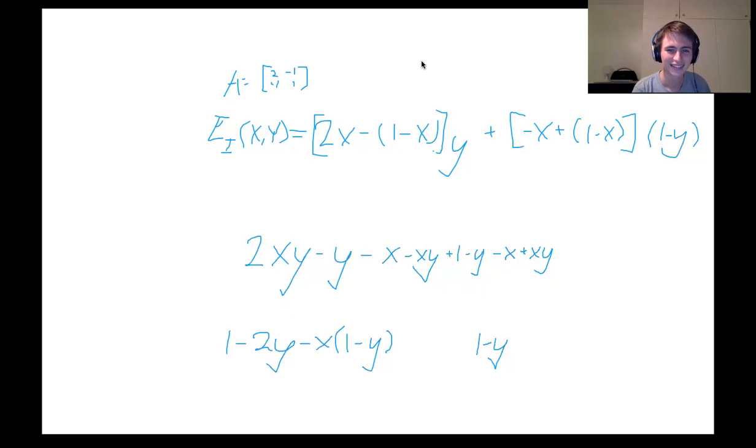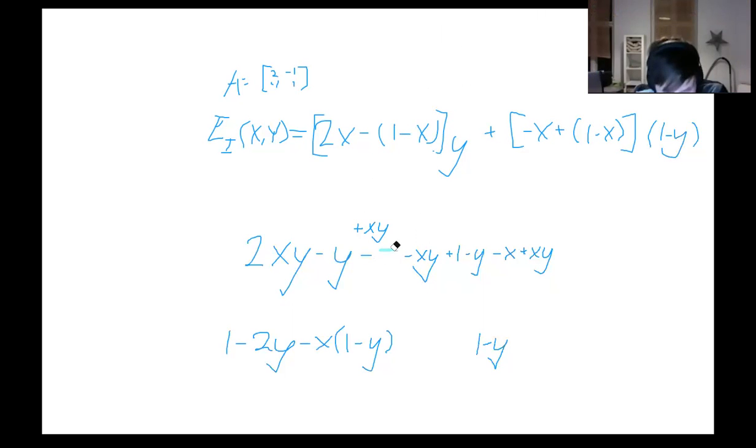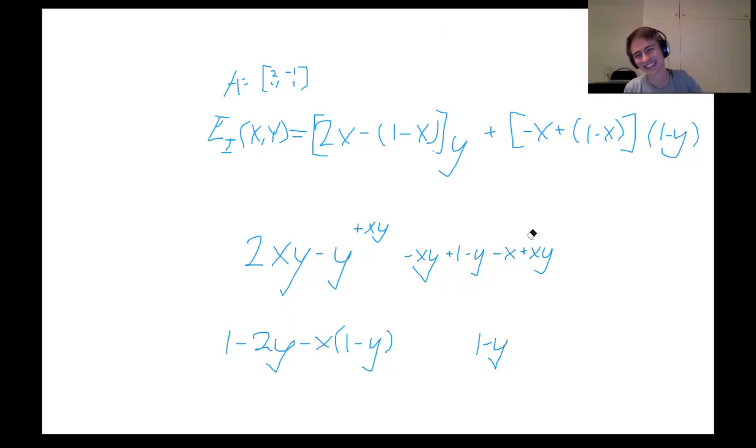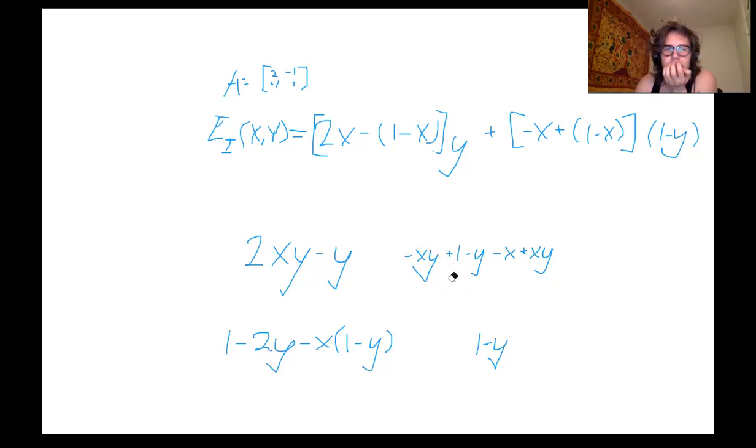And there should also be a plus xy here. I don't know what I was doing here. Where's that minus x from? That shouldn't be there, actually. Oh, okay. Now it's starting to look better. My plus 1, okay.